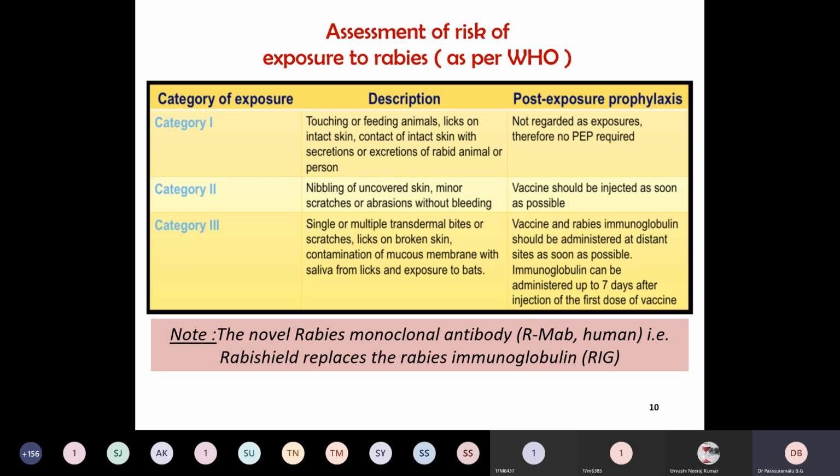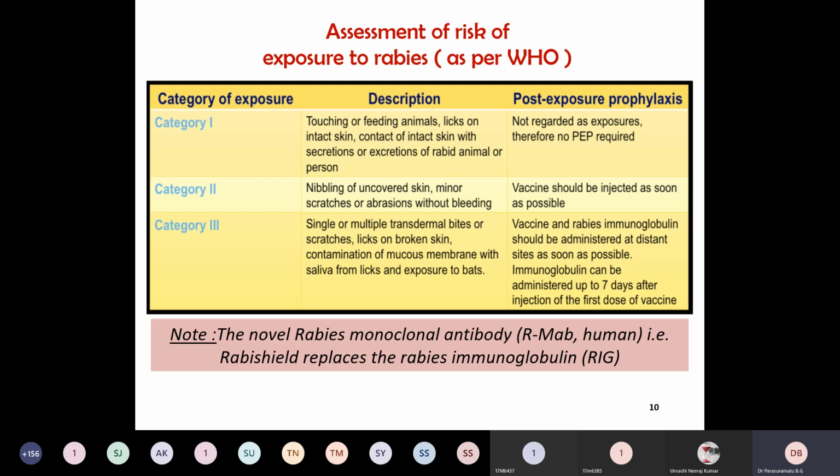And here, since it is considered a severe bite, we should give the anti-rabies vaccine as well as the rabies immunoglobulins. Now, the latest rabies monoclonal antibodies are available in the market. This is replacing the rabies immunoglobulin, and this should be administered at distant sites as soon as possible, and immunoglobulins can be administered up to 7 days after injection of first dose of vaccine.